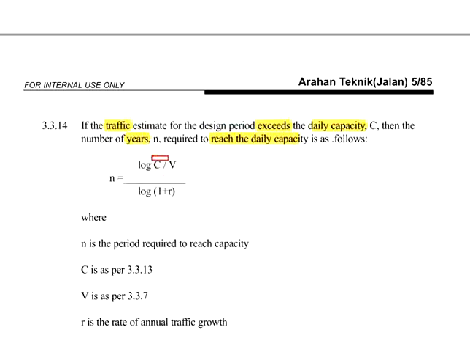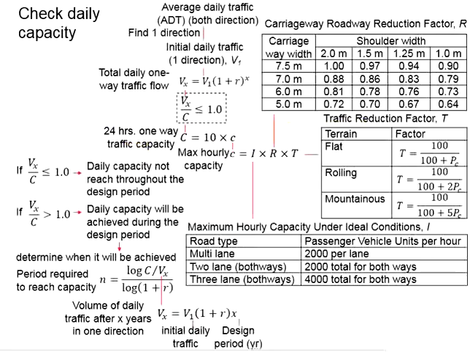It could be a ratio of C divided by V that is to be logged together, and then the whole thing is divided by log 1 plus R. Since there are no brackets here, at this moment I will interpret it in the format of log C divided by V, and then the whole thing is divided by log 1 plus R.